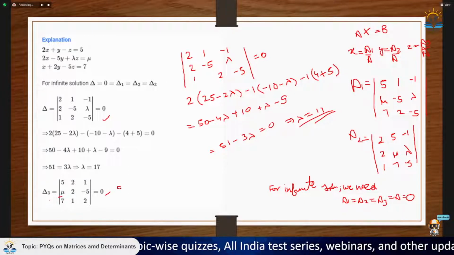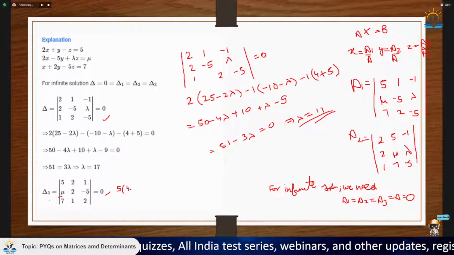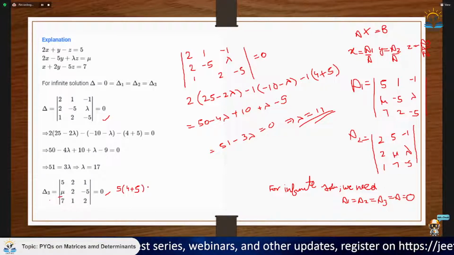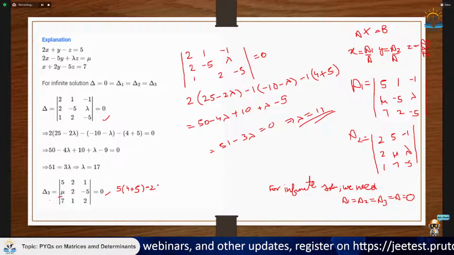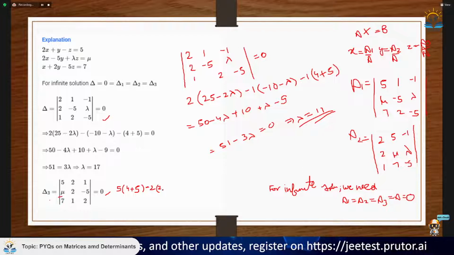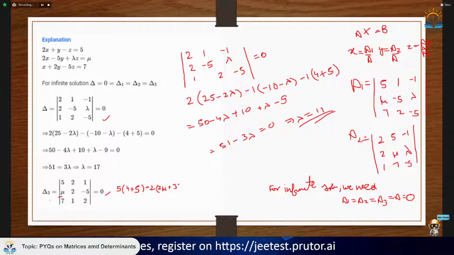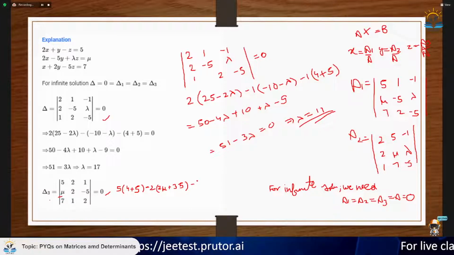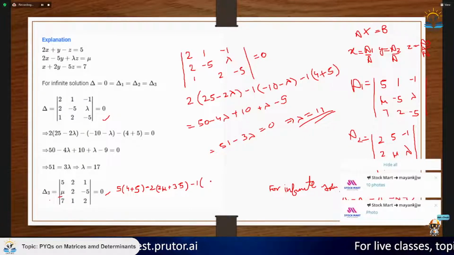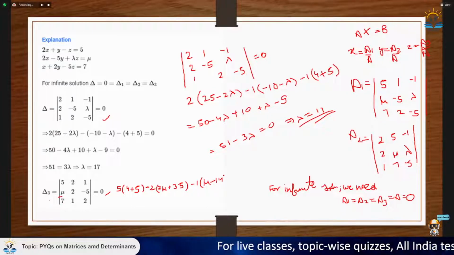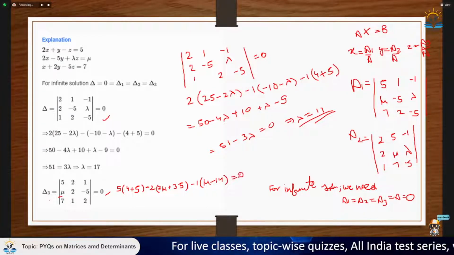So solve it here only. 5 times 4 plus 5, minus 2 times 2 mu plus 35, minus 1 times mu minus 14 will be equal to 0.